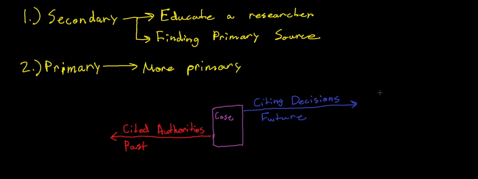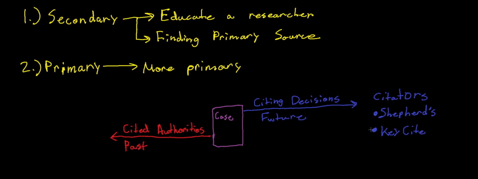And so to find the citing decisions, that would be pretty difficult, but we fortunately have these things called citators. And Lexis has the citator called Shepard's. And then for Westlaw, you have KeyCite.